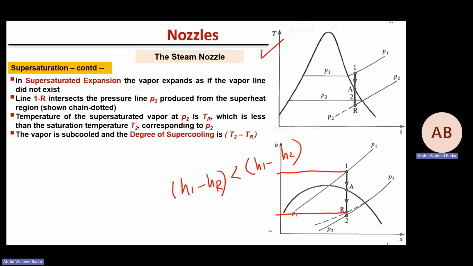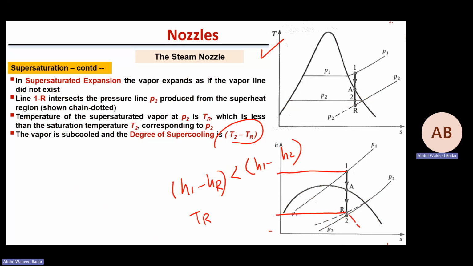Which one is the actual line? For supersaturated flow, the actual line is dotted. For normal flow, it is P2. The dotted line is the pressure line.